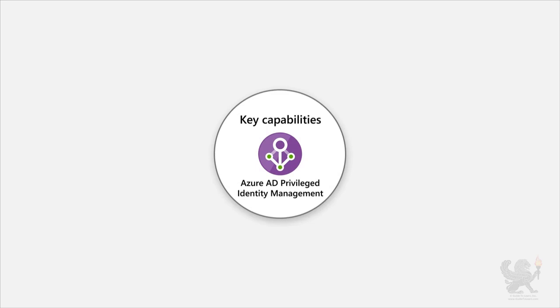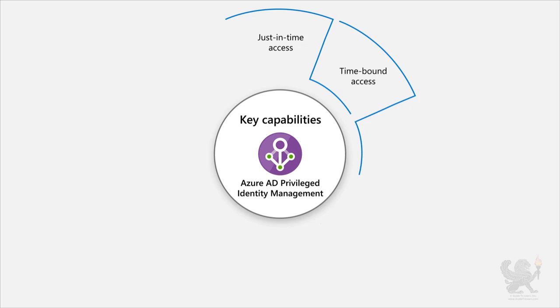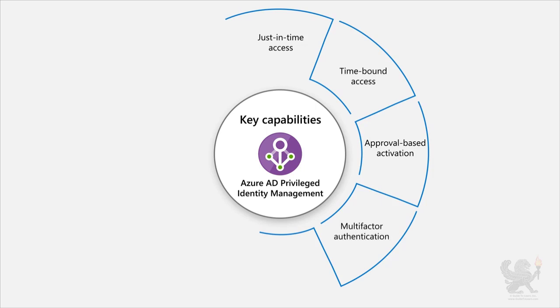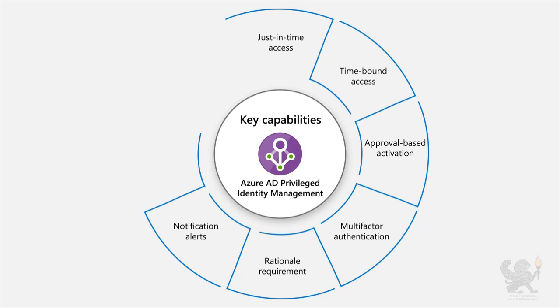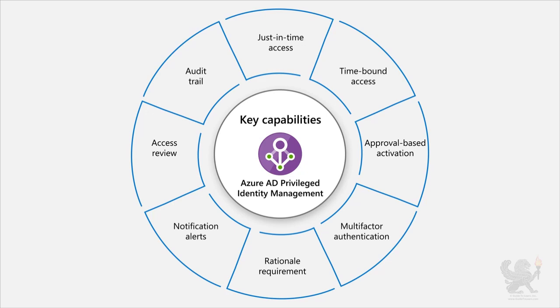Some of the key capabilities of PIM include providing just-in-time privileged access to Azure AD and Azure resources, assigning time-bound access to resources, requiring an approval to activate privileged roles, enforcing multi-factor authentication to activate any role, ensuring that a rationale is provided as part of the role activation request approval process, generating notifications when privileged roles are activated, triggering access reviews to validate whether users still need the ability to use roles, and maintaining audit history for internal or external audit.